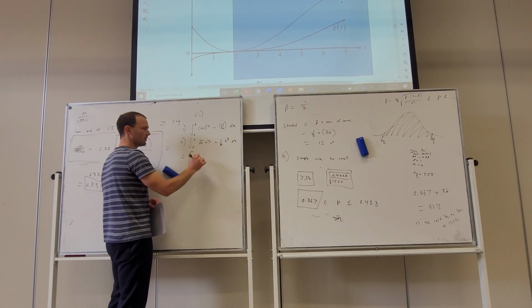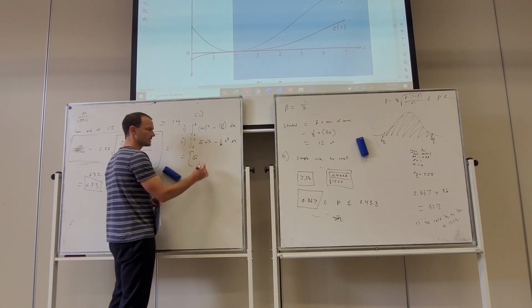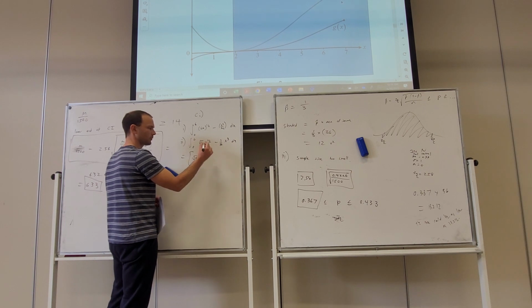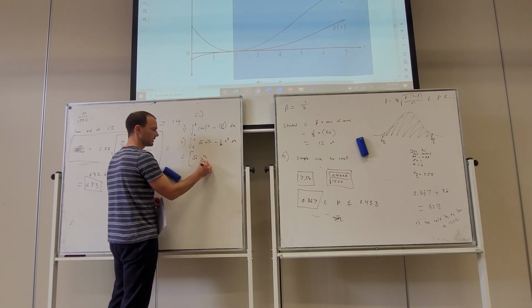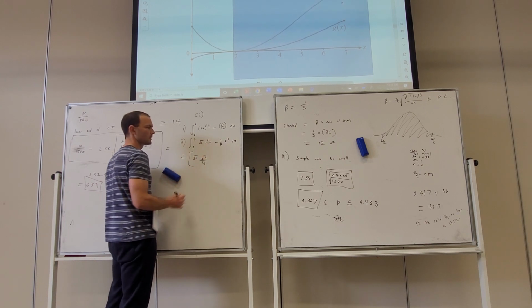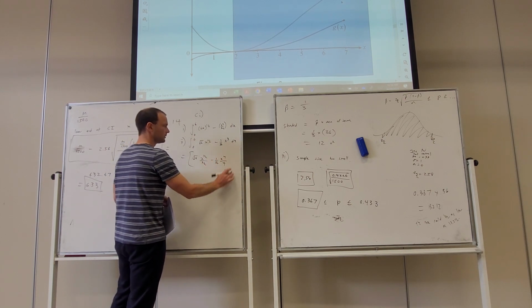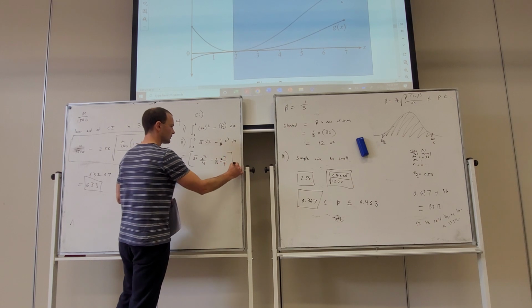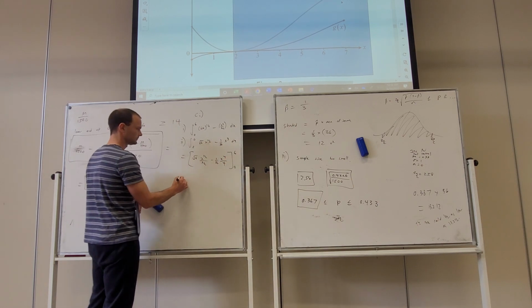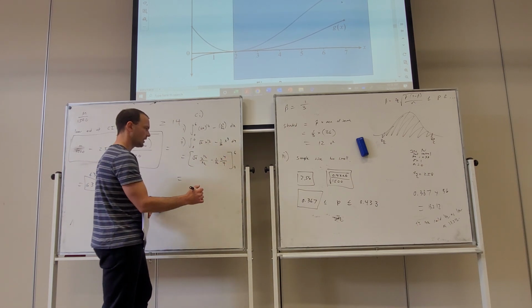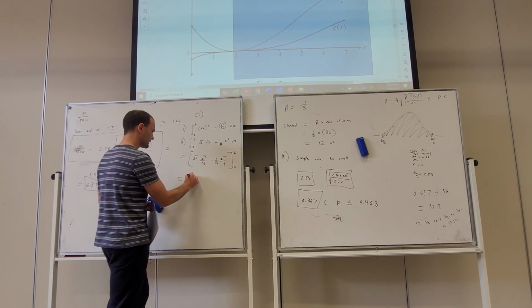Okay, let's integrate it in one step. So the square root of 6, this is going to become x to the 3 on 2, on top of 3 on 2. This will be x to the 4 on top of 4, from 0 to 6. Okay, and then all we need to do is put the number 6 in.